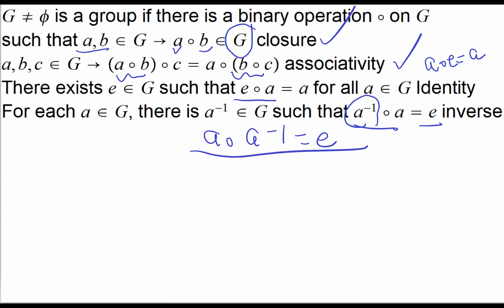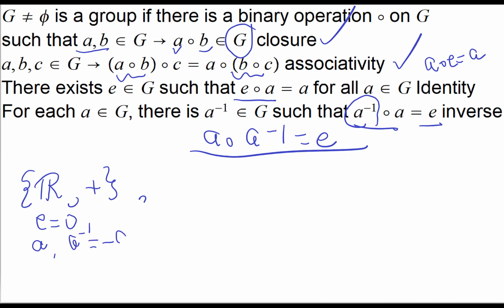Okay, so now let's just get used to some terminologies and some symbols. So you saw that the set of real numbers is a group with respect to addition. So here the identity is 0, and for any a, the inverse is what? Negative a, right?